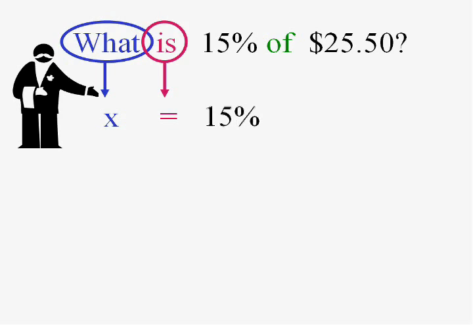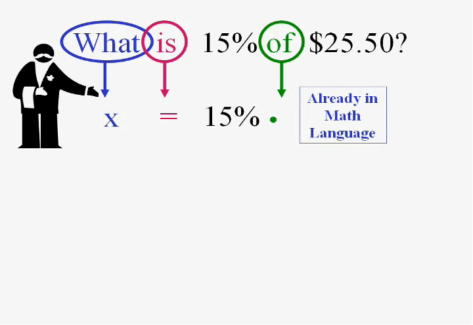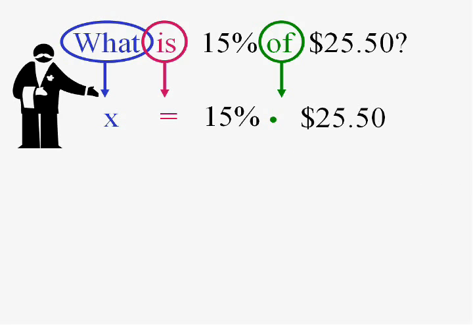And of, what are we supposed to change that to? Becomes times. Remember, you can write the times like that if you want. And 25.50 is already in math language. It's already a number. So what we basically have to do, we have X alone, is multiply 15% as a decimal times 25.50.